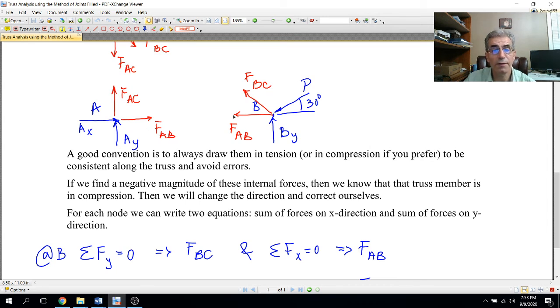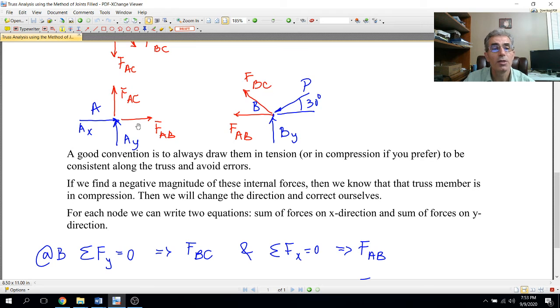After we find FAB, suppose we find it is negative, then we have to change it from tension into compression. That means we delete this arrow and put it here, and of course we have to change the direction here also for this vector.